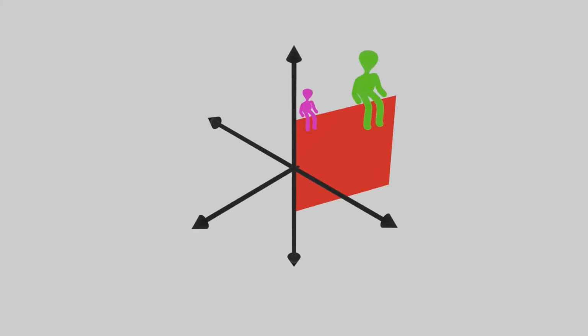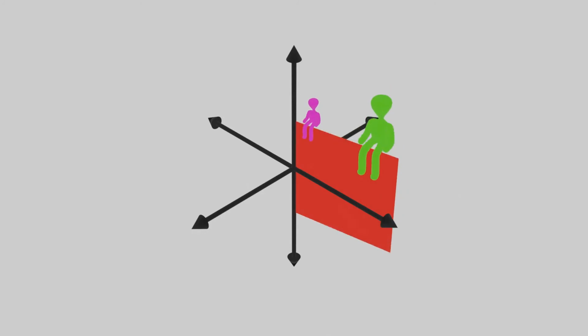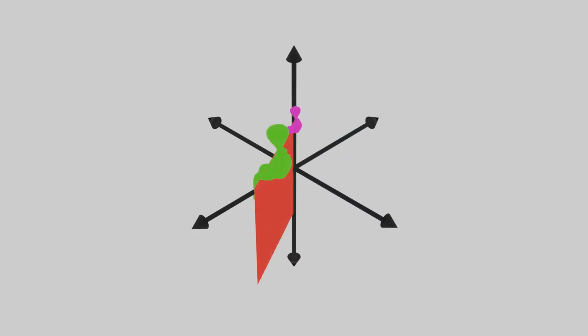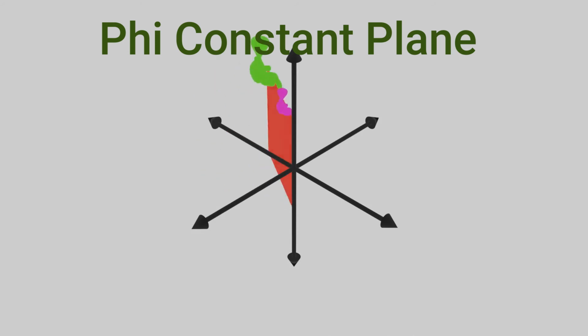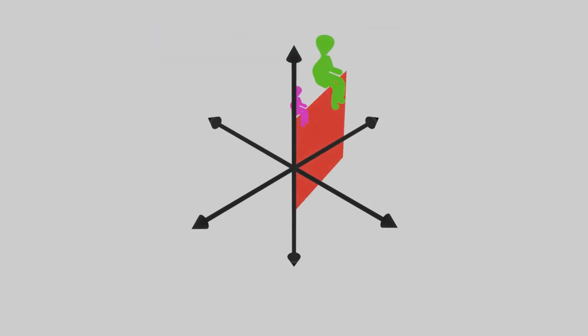Like suppose that at this position, if their angle is 10 degrees, so the shorter person and the longer person both will have same angle 10. So on that particular plane, the angle will be same. The value of angle will be same throughout the plane, and this angle will have complete rotation from 0 to 2 pi. So its limits are from 0 to 2 pi.